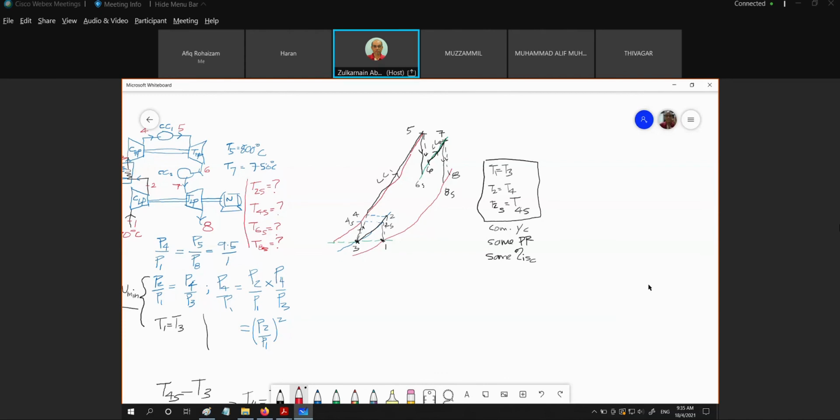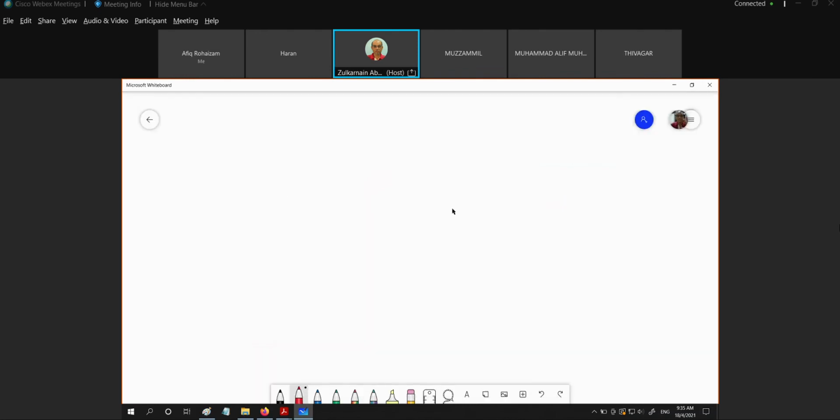So if I could sketch a new sketch of this gas power plant, looking at a very simple cycle on a TS diagram, I want to highlight the temperature. Let's say we look at the turbine side. Let's say this is our intermediate pressure.